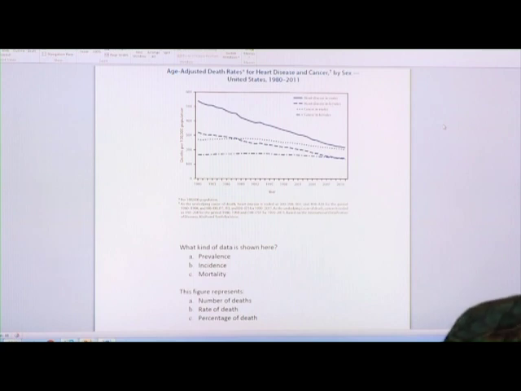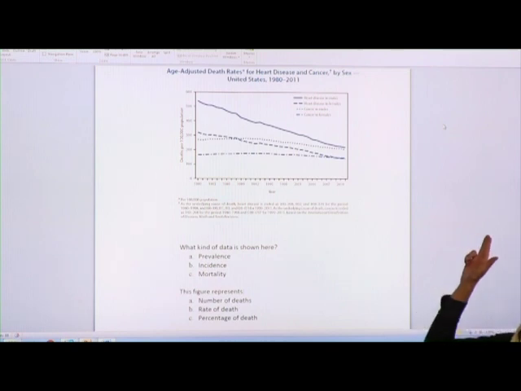Okay, so then this figure represents A, number of deaths, B, the rate of death, or C, percentage of death. So how about hands for A, number of deaths? It's hard to read. I know. On the y-axis there, it says deaths per 100,000 population, and the x-axis is year.